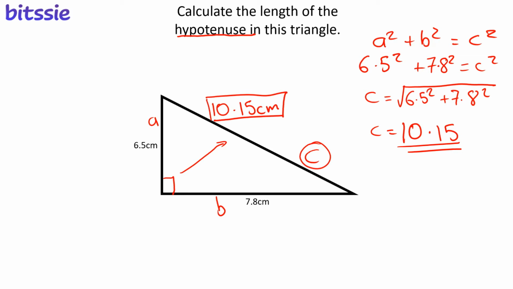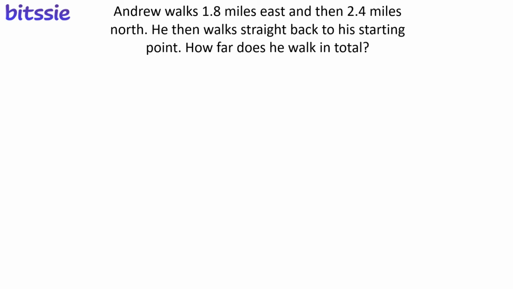Now let's look at question 2. Andrew walks 1.8 miles east and then 2.4 miles north. He then walks straight back to his starting point. How far does he walk in total? Let's start by drawing this out as a triangle. If we go 1.8 miles east, we have that, 1.8 miles.